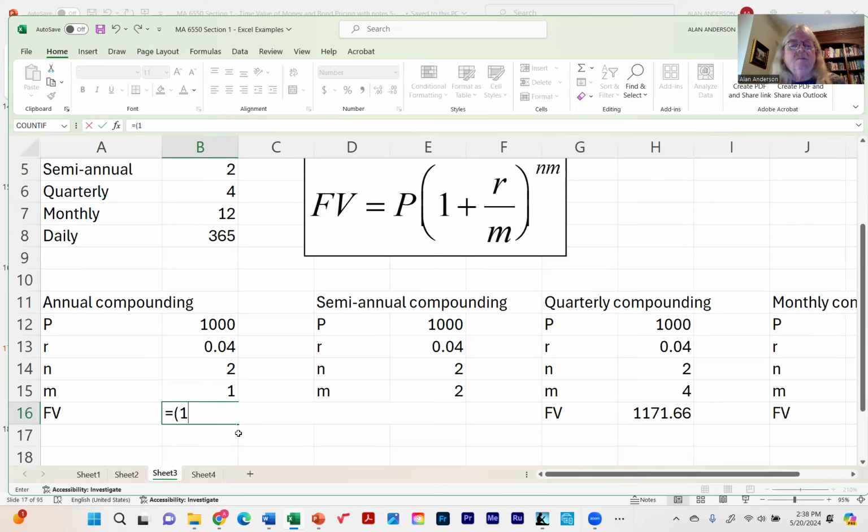I'm going to put 1 plus R over M raised to the N times M power. And then the entire expression will be multiplied by the principal here.